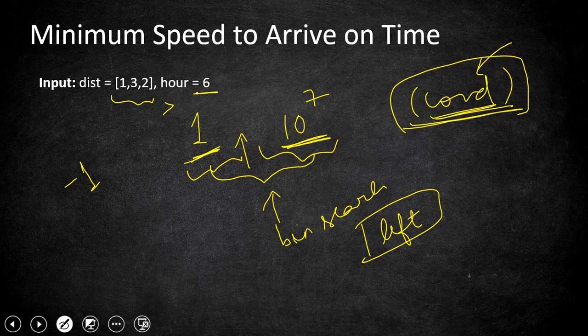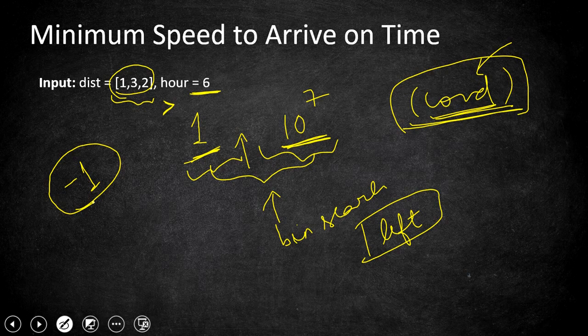So in that case, if you are trying to travel all your destinations at that speed, the minimum time it is going to take is the sum of this distance array. If our given hour is less than its sum, then in that case it is a negative scenario. Then we are going to return -1. If not, we are going to apply our logic here.